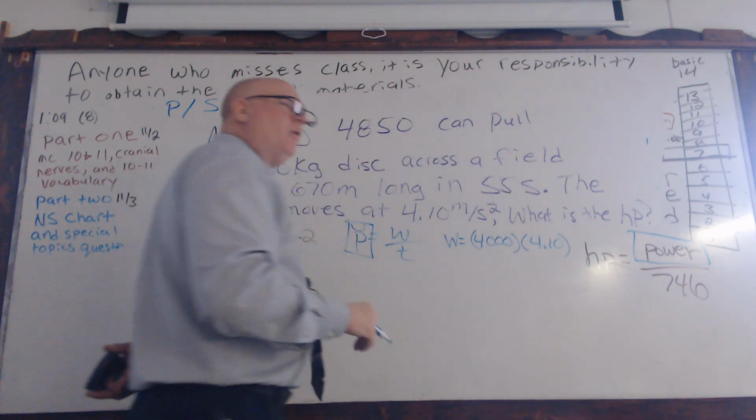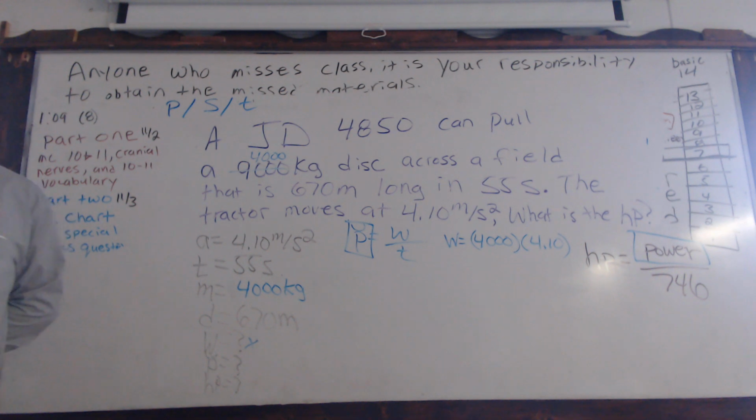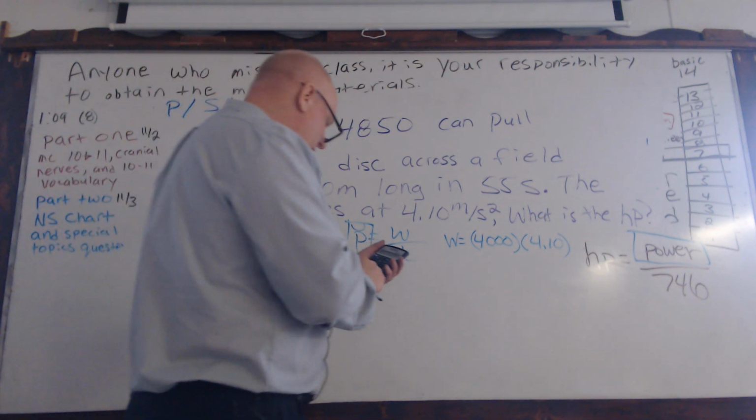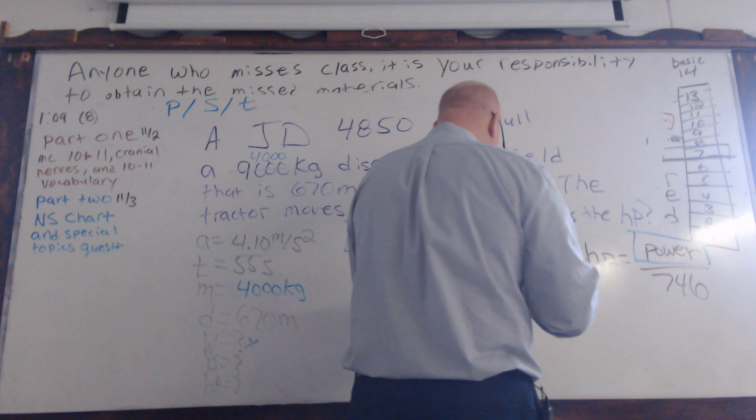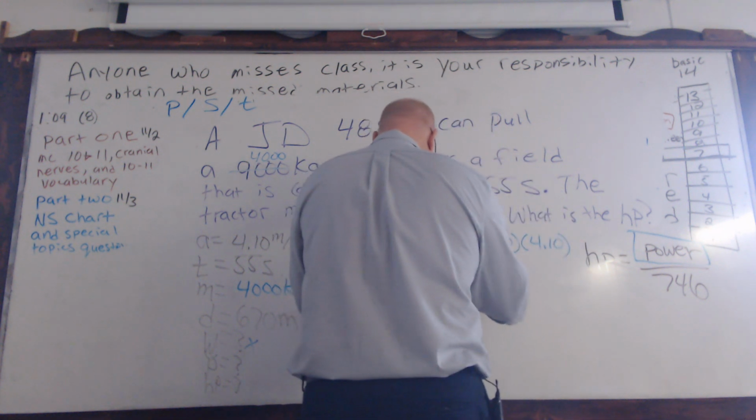Okay. What do we get for an amount of work? Oh, okay. Well. So 4,000 times 410. No, that's force.